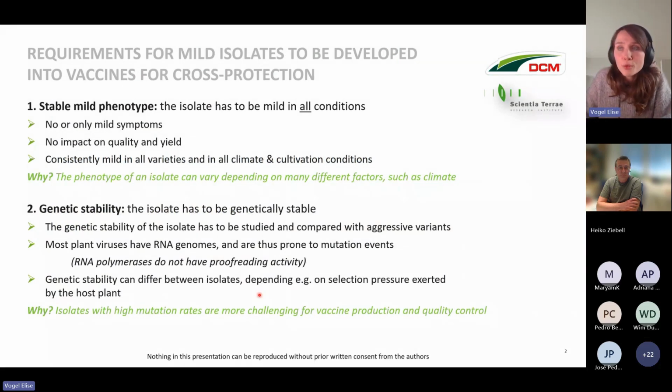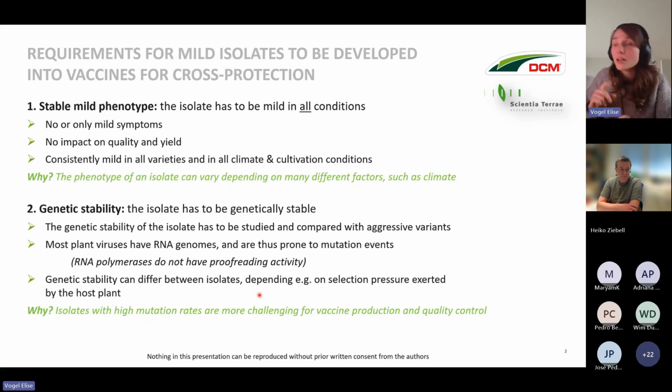So first and foremost, we're talking about mild virus isolate. So the first prerequisite is, of course, that your isolate is mild in all conditions. So what does that mean? It means that you have no or only mild symptoms on the leaves and on the fruits. There should not be any impact on quality or yield. And it also means that your isolate is consistently mild under all conditions.